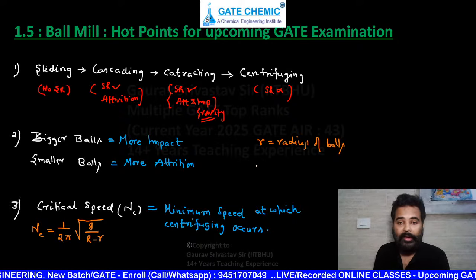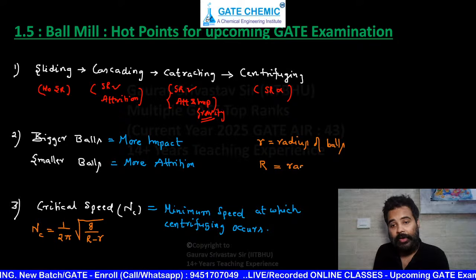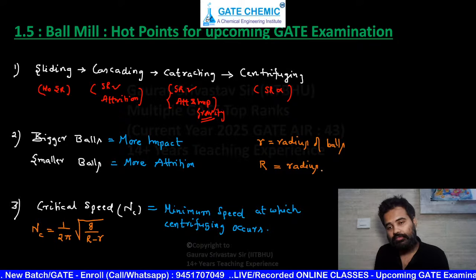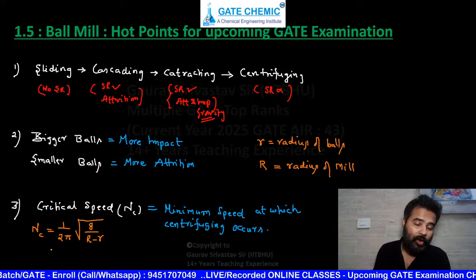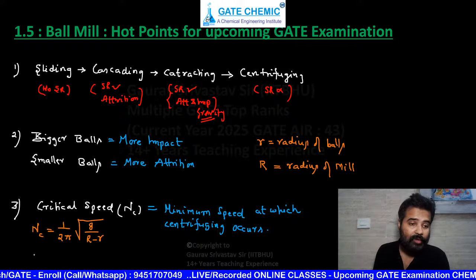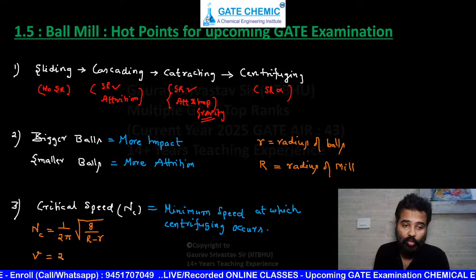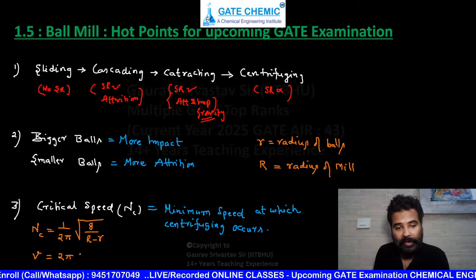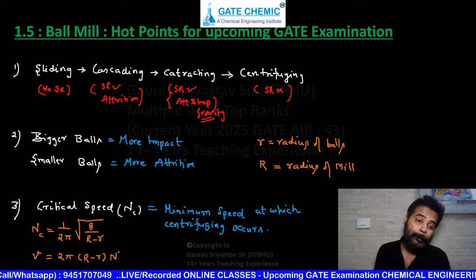And capital R is radius of the ball mill. Now, one more equation is the relation between V and N: V is 2 pi times (R minus r) into N.